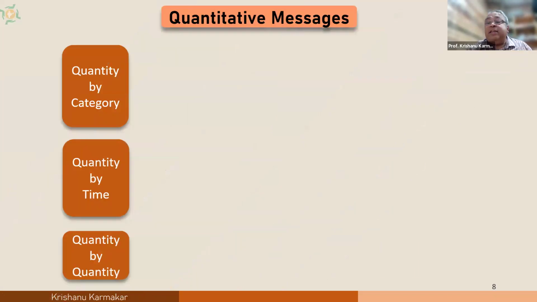Now, what are the three types of quantitative messages that we might want to convey? Usually, there are other, rarely conveyed messages as well, but what are the three more popular main types of quantitative messages that we might want to communicate through these diagrams?